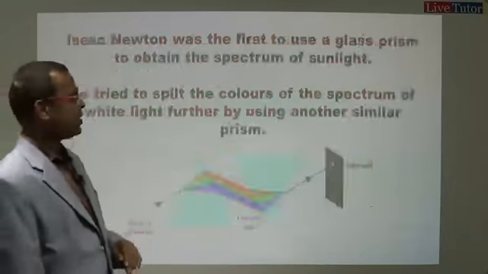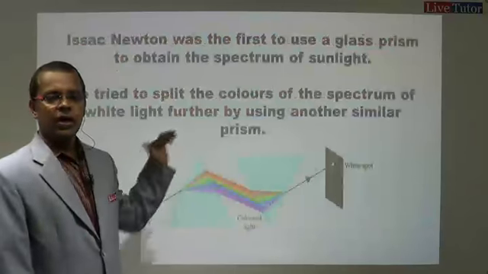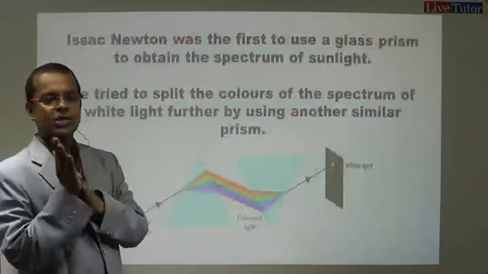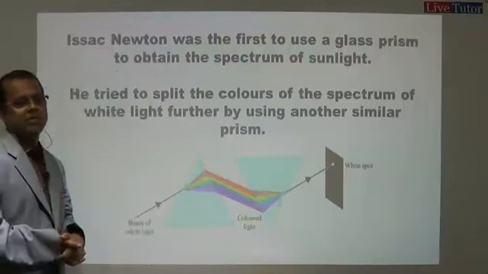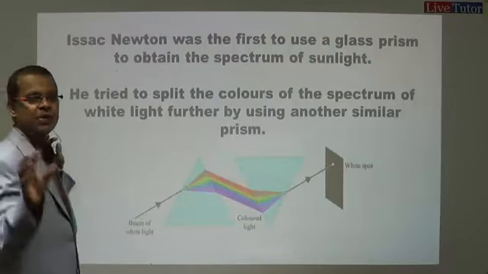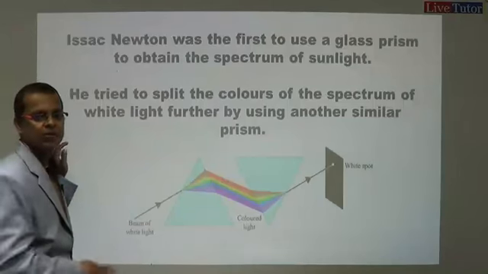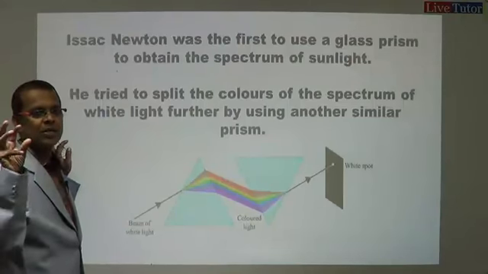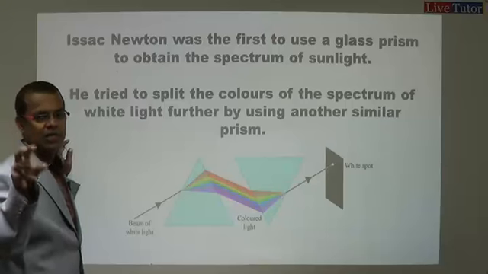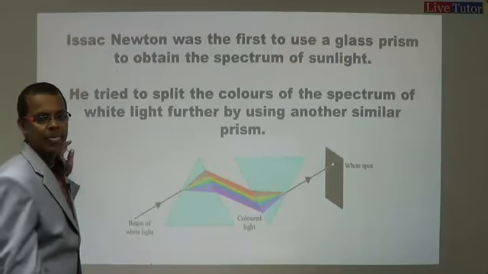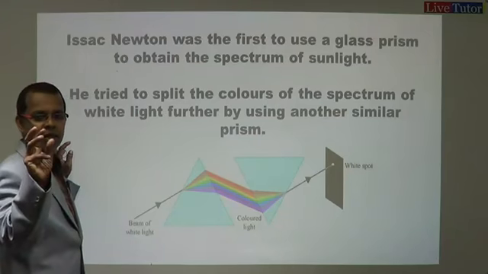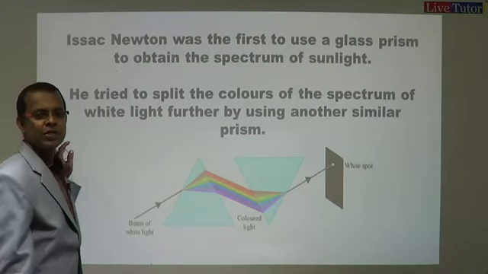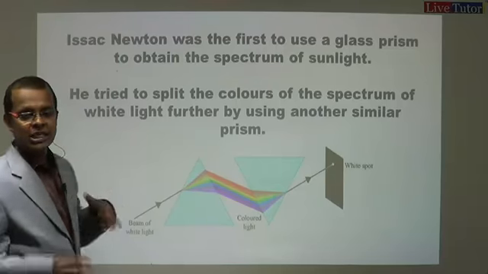Right. Now this great scientist Isaac Newton was the first person to produce this spectrum using a glass prism. He used this glass prism to produce the spectrum of sunlight, because sunlight has got white light. Using the prism he was able to produce it, and on seeing that the prism is splitting the white light into 7 colors, he started exploring more.